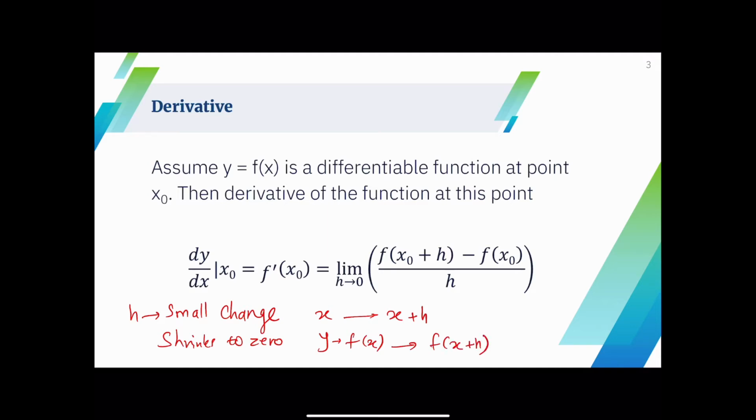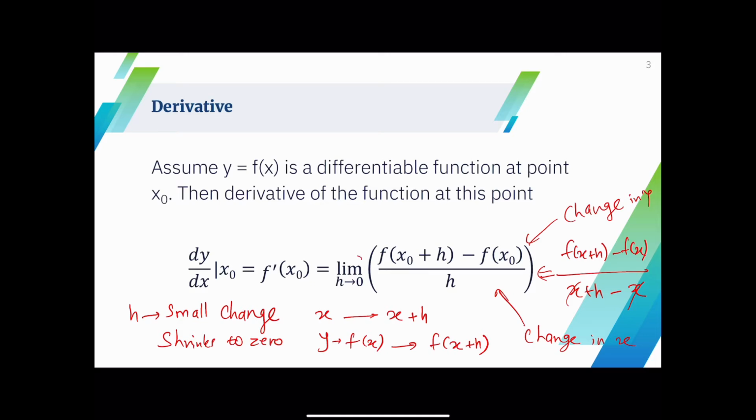So change in y is defined as f(x plus h) minus f(x), and change in x is defined as x plus h minus x. So after this the equation remains. The above one is change in y and the below one is change in x.